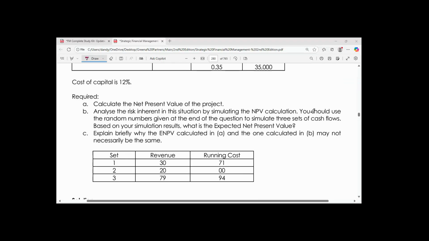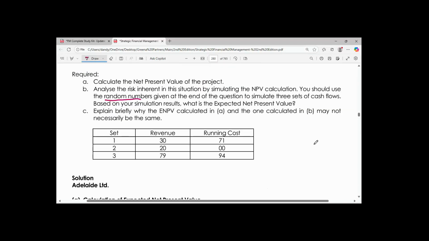You should use the random numbers given at the end of the question to simulate 3 sets of cash flows. Based on your simulation results, what is the expected net present value? C. Explain briefly why the ENPV calculated in A and the one calculated in B may not necessarily be the same. Then set 1, and that's the end of the question, sir.